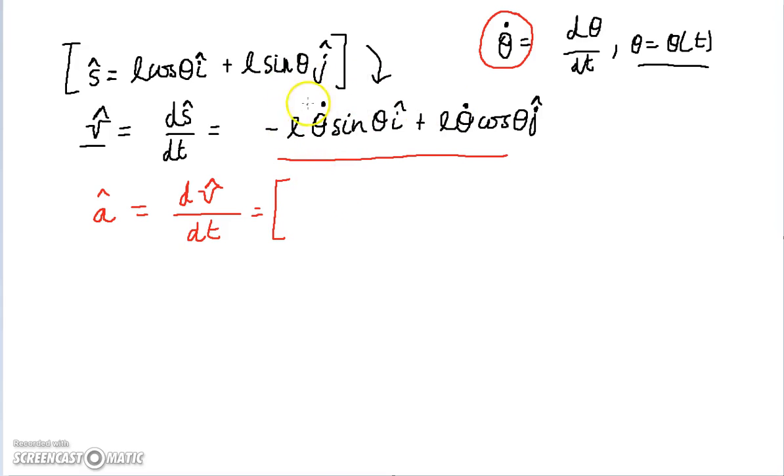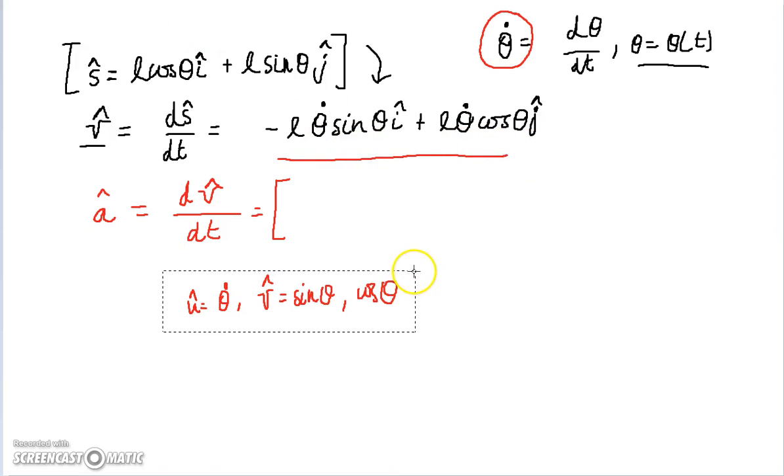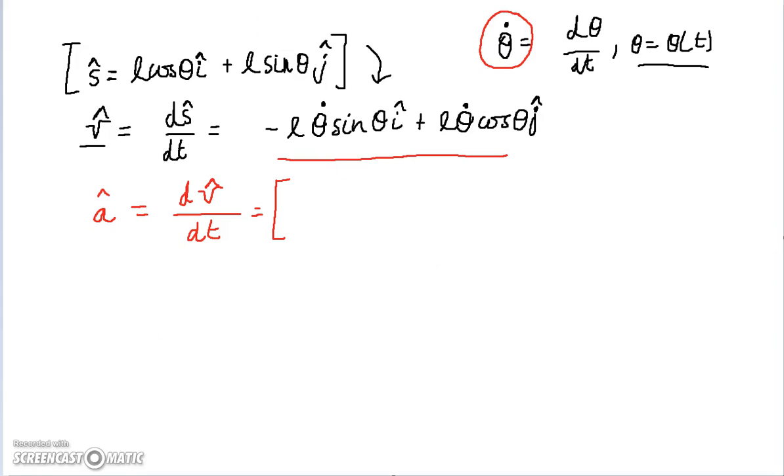We're going to differentiate v with respect to t, and we're going to use the product rule because we have two functions, u and v. We'll say u is theta dot, and v is either sine theta or cosine theta. We're going to be differentiating both the x component and the y component of this vector.